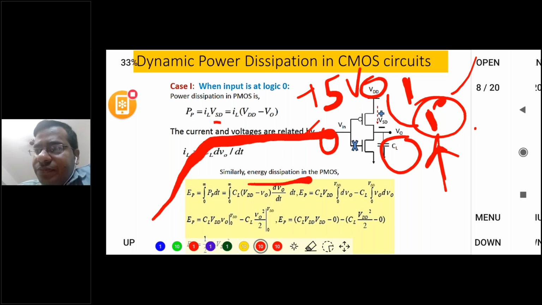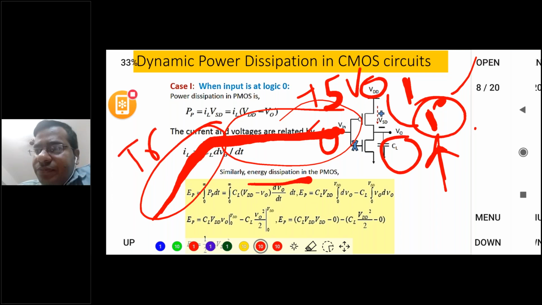So in the transient state, output is rising toward the high value. But after some time, if your output is settled down, that is known as the steady state, or stable state. So this is the transient stage and this is the steady state.